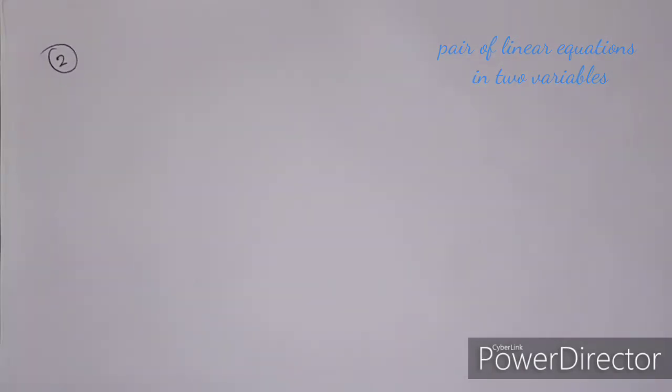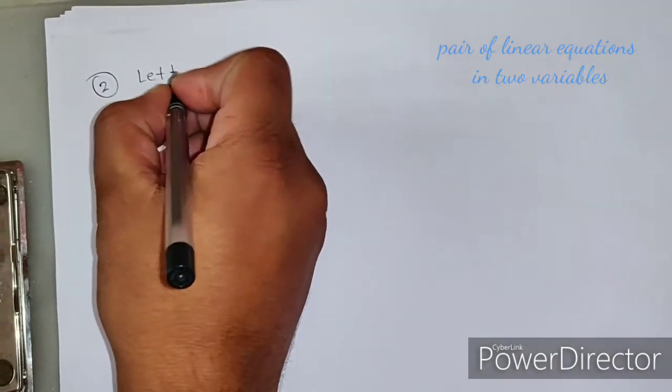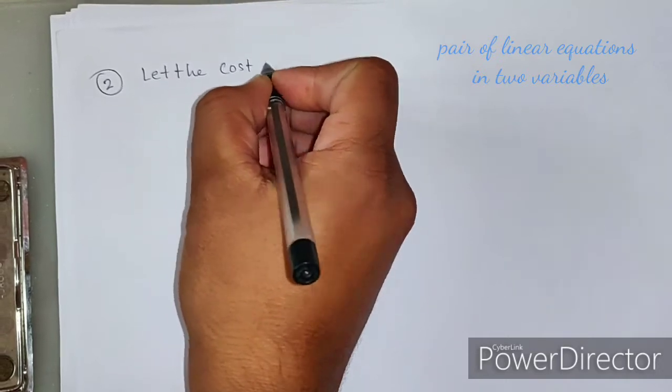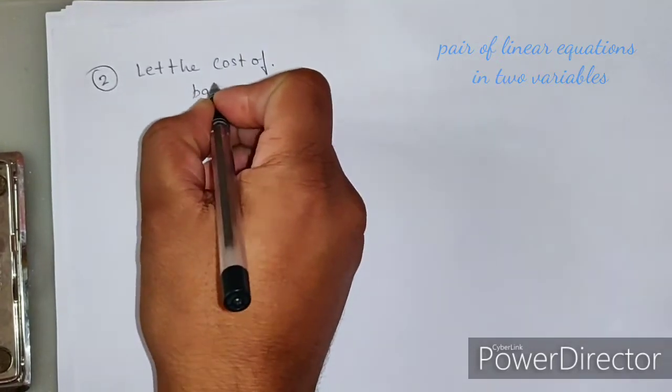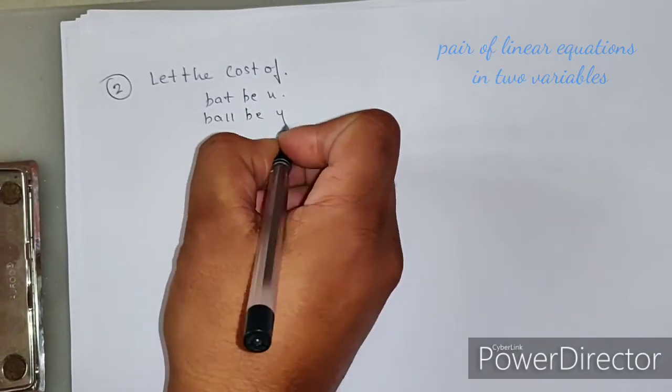Children, you have to convert it into the geometrical form, that is graphically. So here we have two variables, that is a bat and a ball. We will write it as: let the cost of bat be x, let the cost of ball be y.